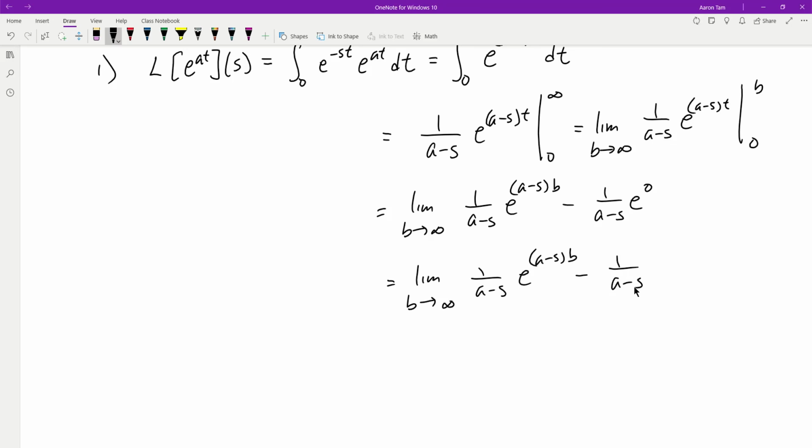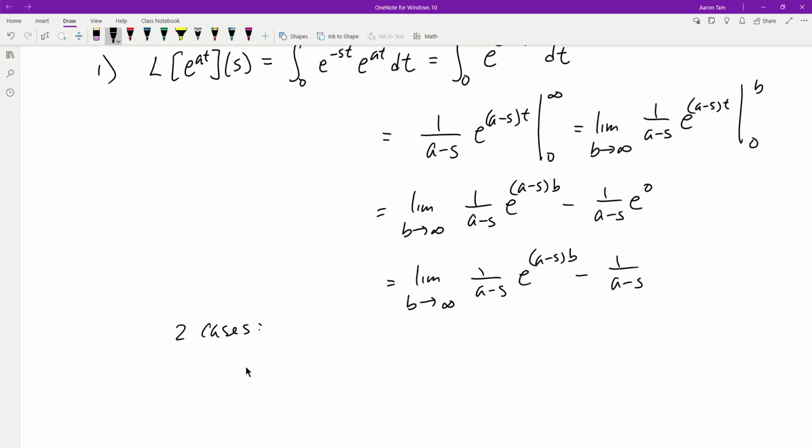Now comes the big question. What happens when I plug in infinity? Well, two things can happen. It all depends on what happens to a minus s. If a minus s results in a positive number, then when I plug in infinity for b, I would have e equal to positive infinity, and therefore this thing goes off to infinity. So here are two cases to consider.